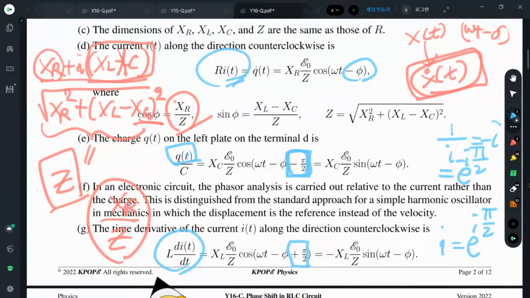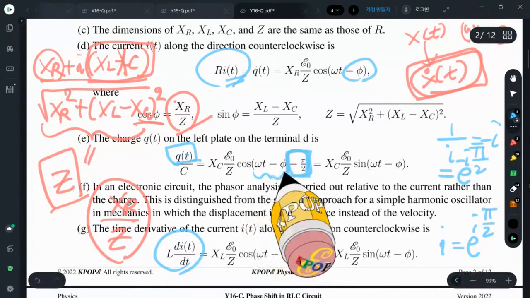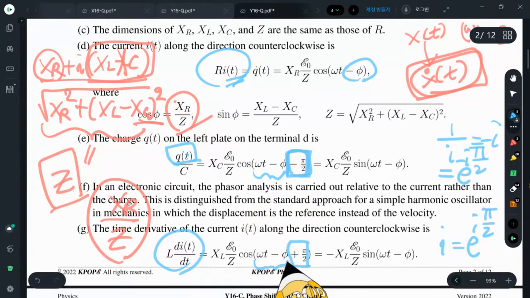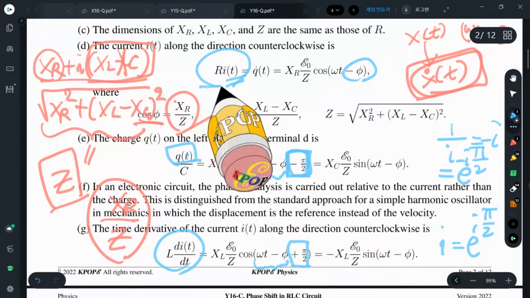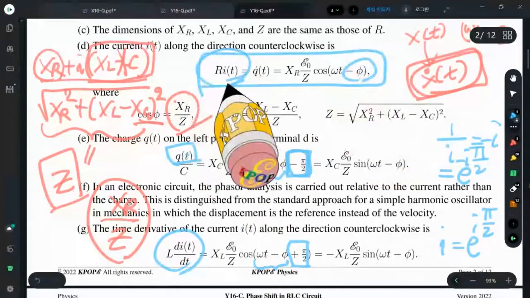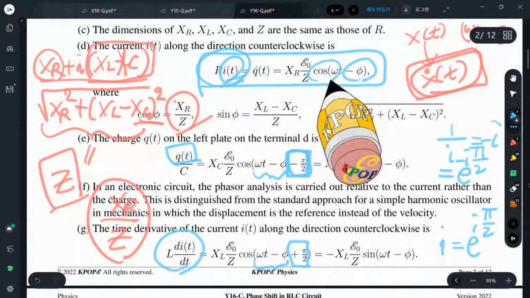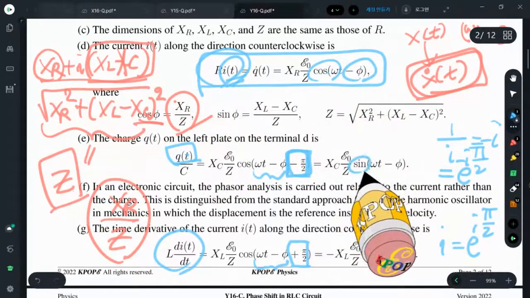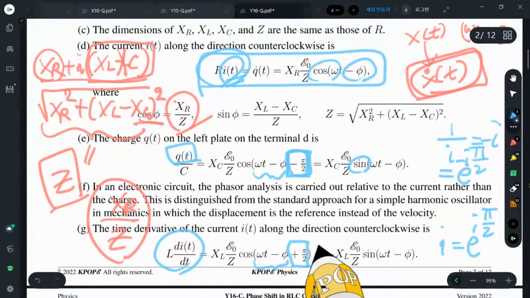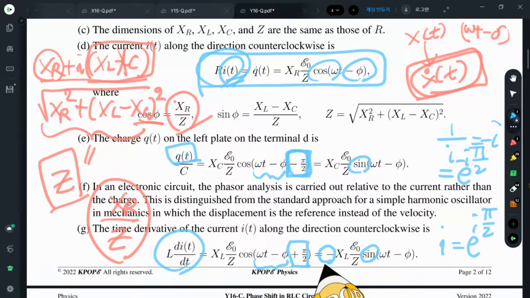So relative to this one, the phase of current, cosine becomes sine. This one also becomes a sine. However, we have a different sign. Okay?